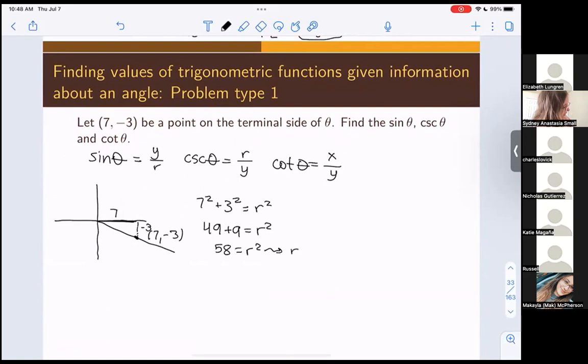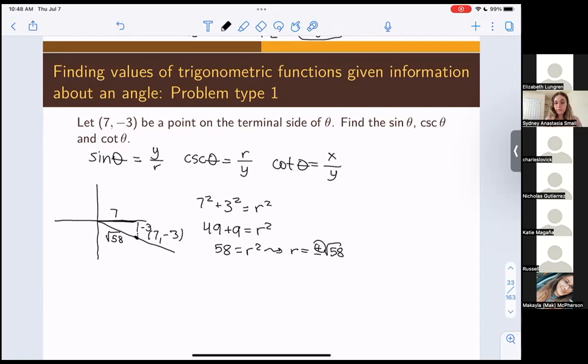So we have that our radius equals plus or minus the square root of 58. Radii will always be positive. When we're talking about the hypotenuse, we never even have to consider the negative case. So it is positive square root of 58. And there's no further way to simplify this. There's no other way to pull a perfect square out of 58. So I'm just going to leave that be.